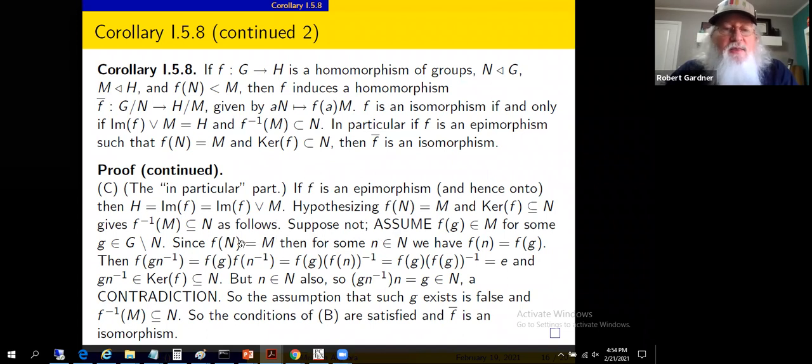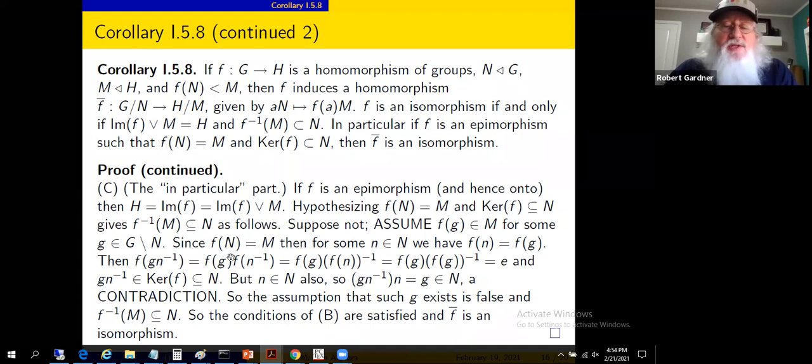Suppose there's something in the inverse image of M that's not in N. That is, suppose F of g is in M for some g not in capital N. So we're violating this. We found something in the inverse image that's not in N. That something is g. F of g is in M, but g is not in capital N.